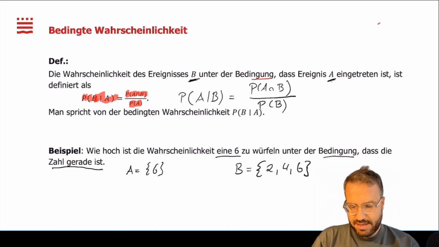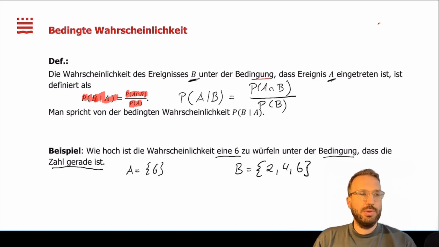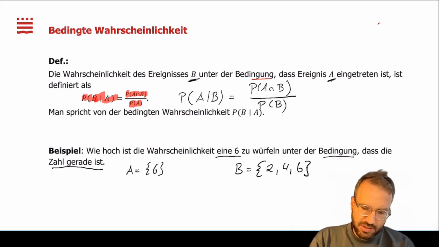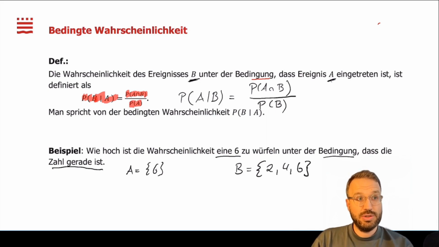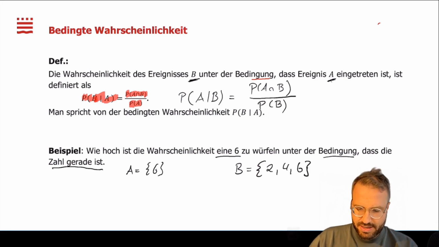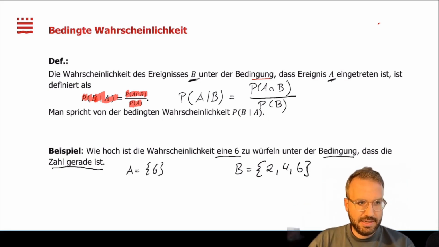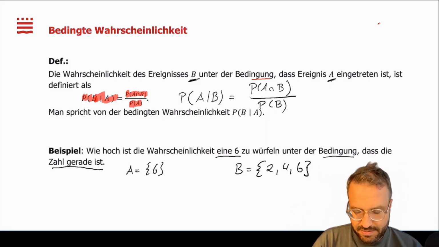We want the probability of rolling a 6 under the condition that either the 2, the 4, or the 6 has been rolled. And we know this intuitively, namely the probability is 1/3, because 2, 4, and 6 are equally likely, and we ask how likely it is to roll a 6.